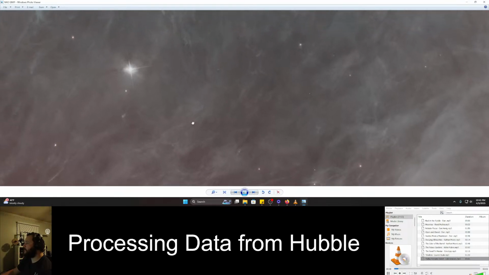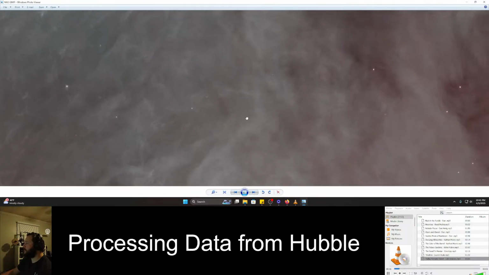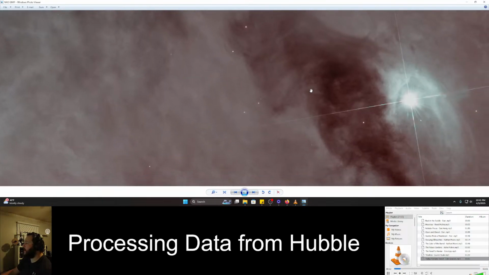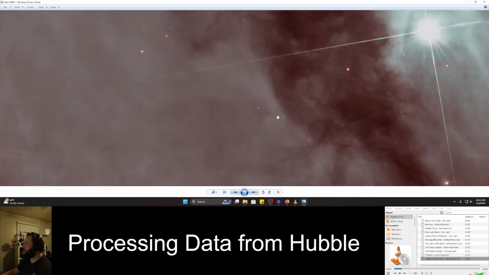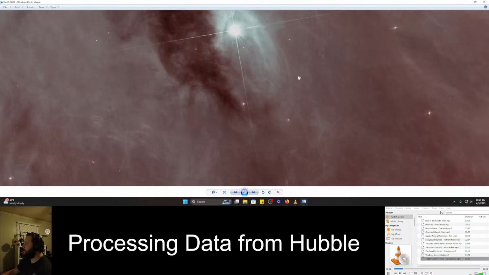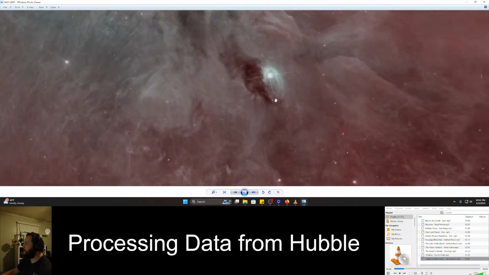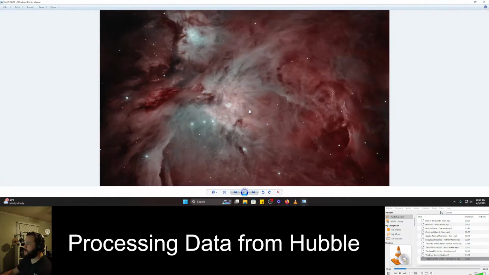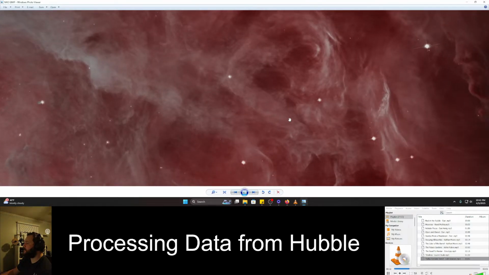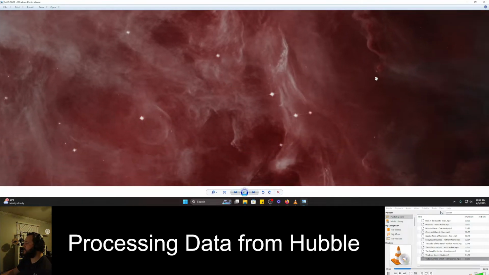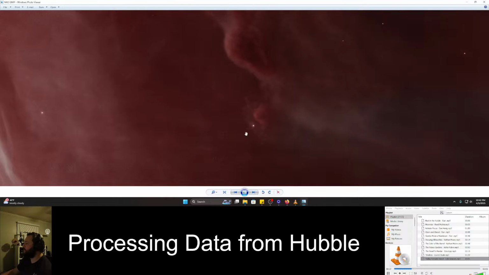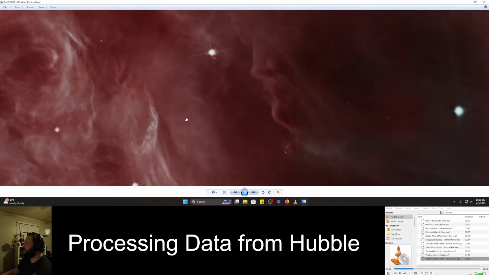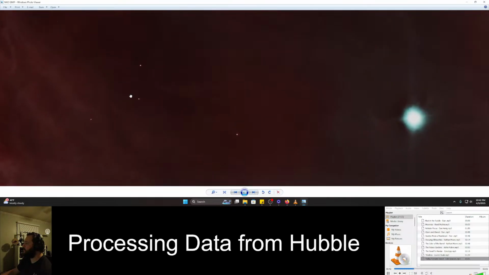I mean, you could legitimately dig around this for hours. And honestly, I don't know if it's just because I'm more used to looking at images in this color palette or what, but this makes more sense to my eyes than the color palette that the Hubble team uses.